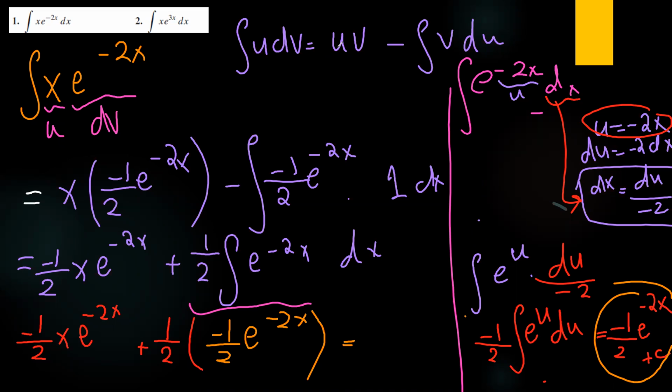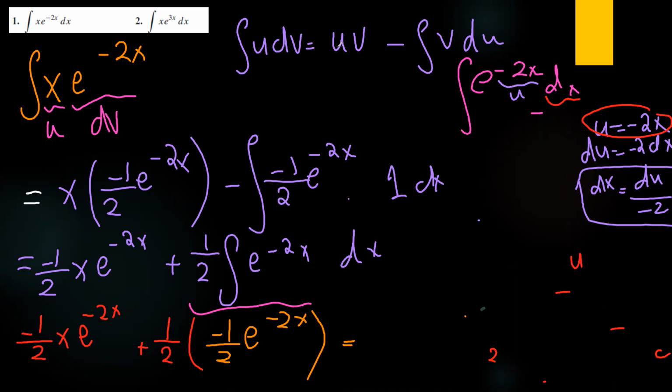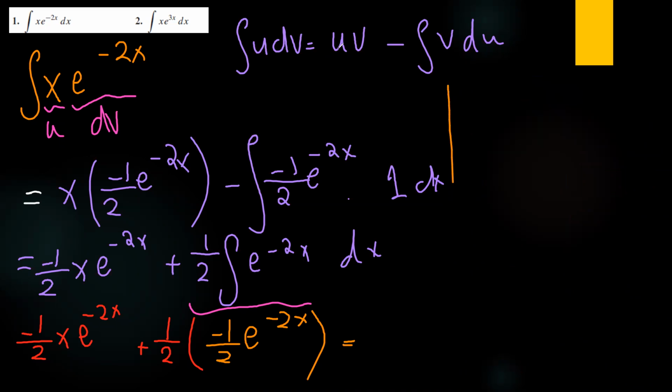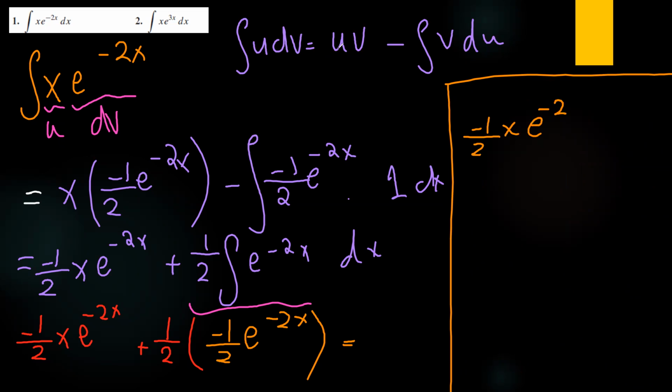So now the final answer will be negative half x e to the power negative 2x minus 1 over 4 e to the power negative 2x. That's it.